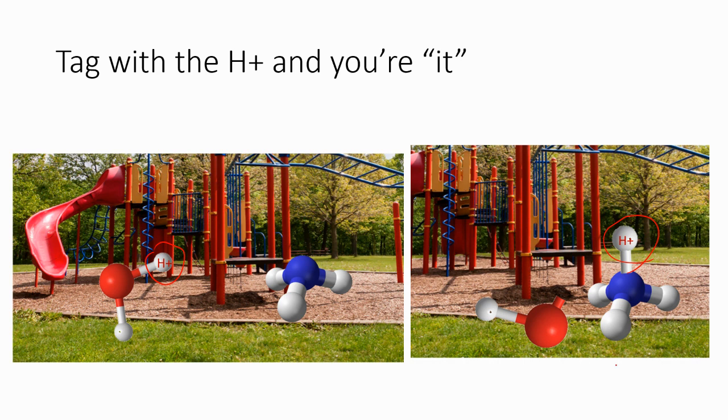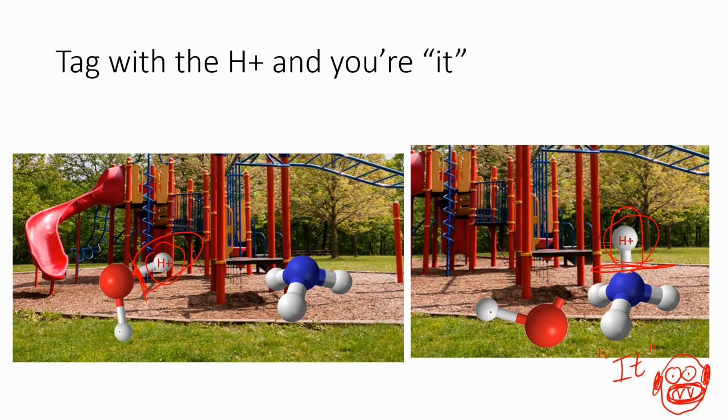So this is now it in the tag terms, sort of like Pennywise, right? So this is now it because it has the H, it has the hat, right? And then when it goes back the other way, now this has the hat.